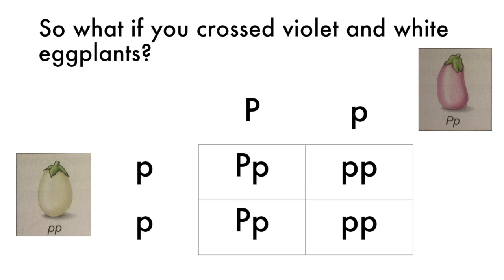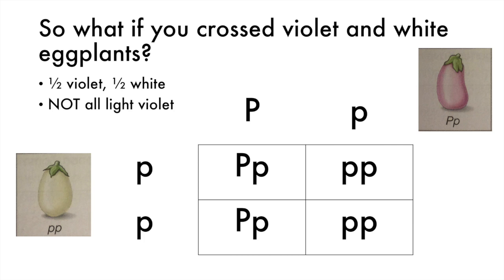Okay, so what would happen if you crossed violet and white eggplants? So here's a Punnett square that shows that. And what we end up getting is half violet eggplants and half white eggplants. And you can see the genetic basis for that.